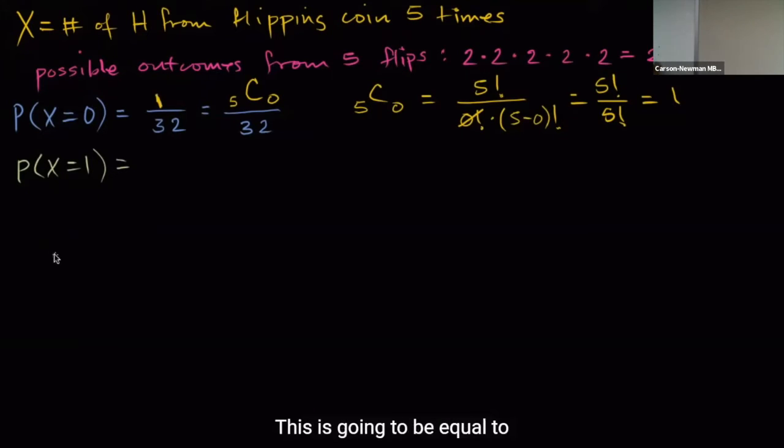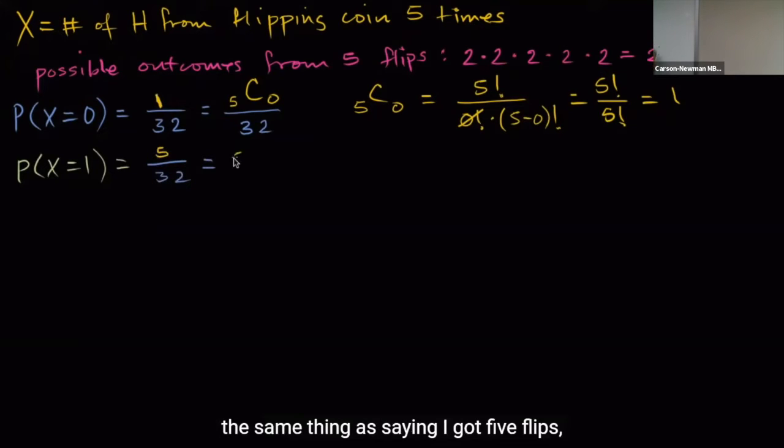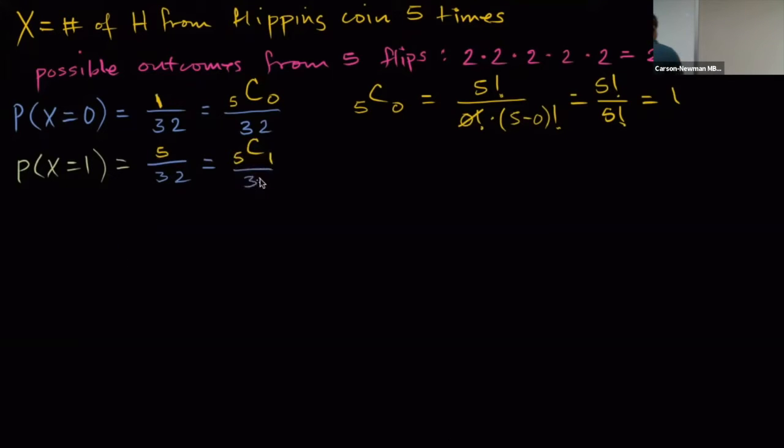So this is going to be equal to 5 out of 32 equally likely outcomes. Which of course is the same thing as saying, look, I have 5 flips and I'm choosing one of them to be heads, over 32.